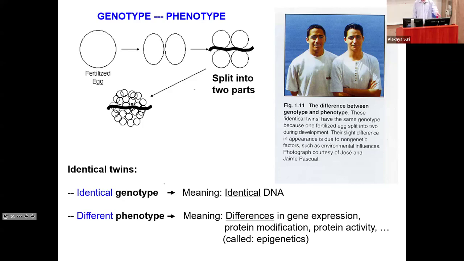So what you see here at first look is identical twins, but they look a little bit different. Most likely they were exposed to different environments. They maybe were eating different food, had a different life situation. So the appearance looks different, and the metabolism could be different. That's a phenotype.